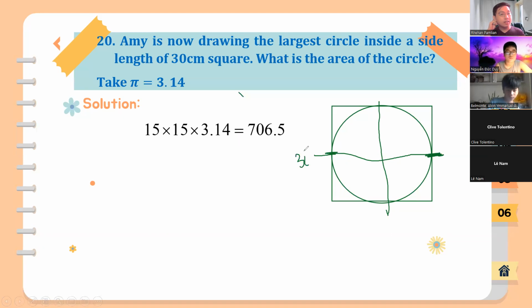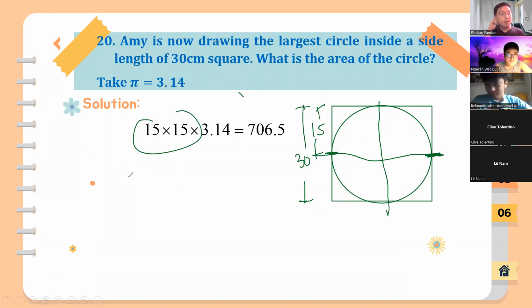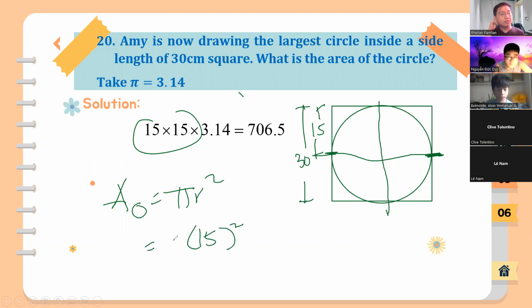Whatever your side length is, which is 30, divide it by 2 and you'll get 15. And 15 is going to be your radius. So the formula for the area of the circle is pi r squared. R is 15, so 15 squared is 225 times pi, which is 3.14. You'll get the answer, 706.5.